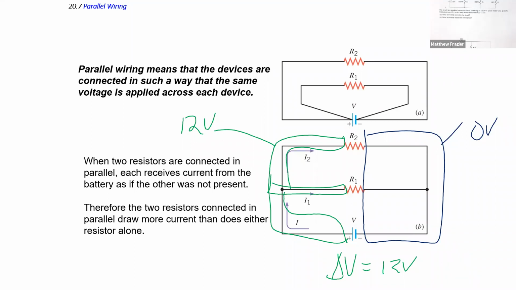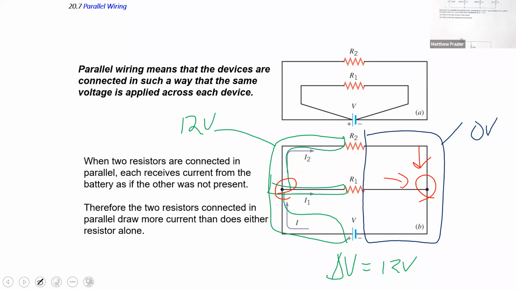So the difference between them is the battery voltage. So what happens is current flows through the circuit, and the current leaves the battery, gets to this junction here, and it splits. Part of it goes one way, part of it goes the other. And then at this junction, it comes back together.